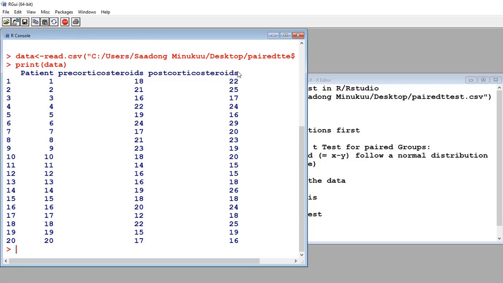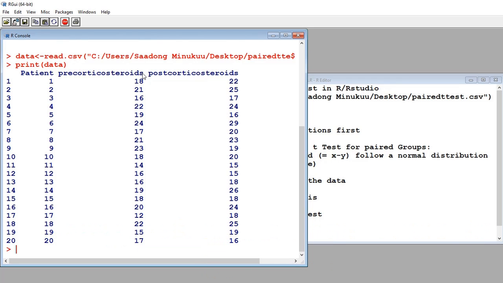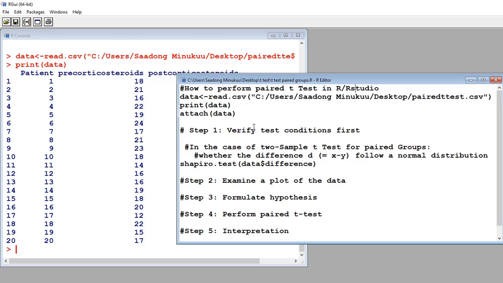And the aim is to test whether corticosteroids actually affect body weight. So the aim is to compare the mean body mass index of people before taking corticosteroids, that's pre-corticosteroids, to the mean body mass index after taking corticosteroids, that is post-corticosteroids.